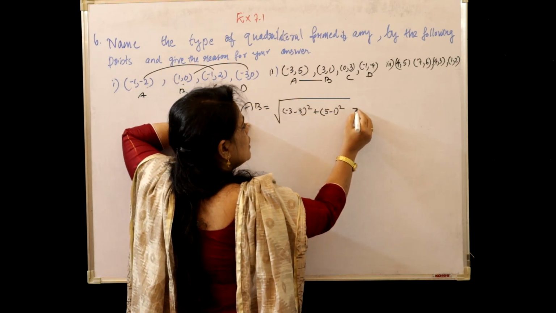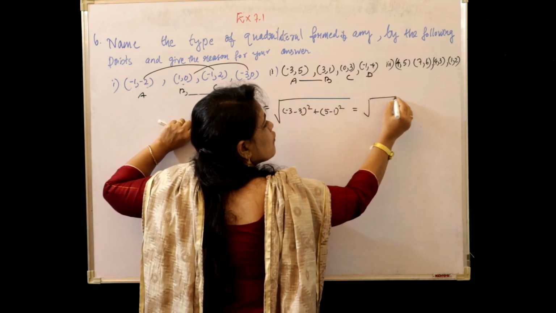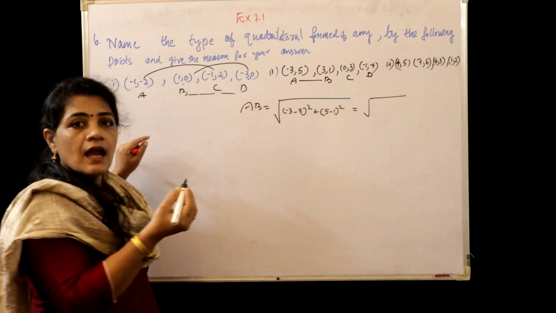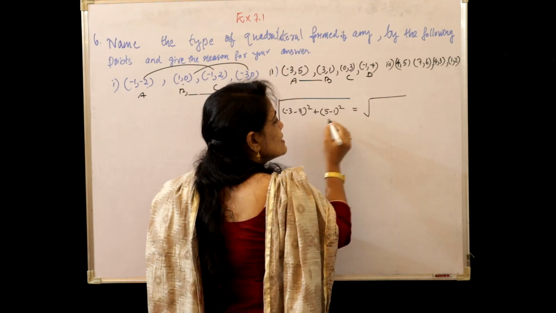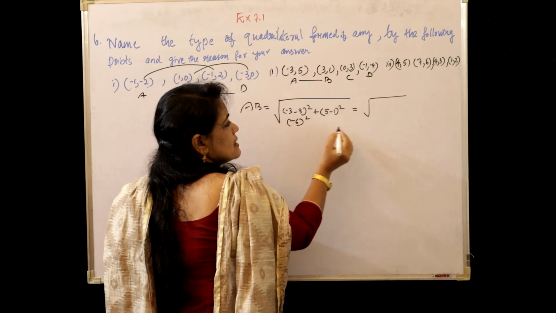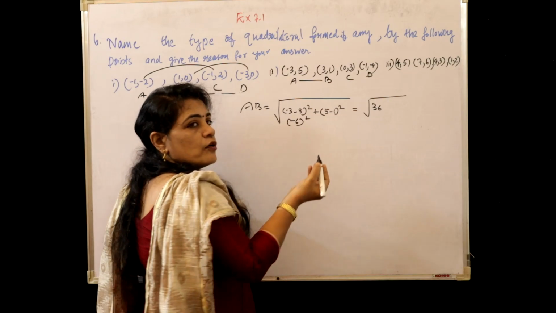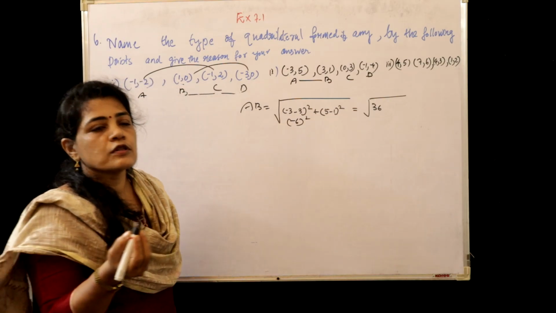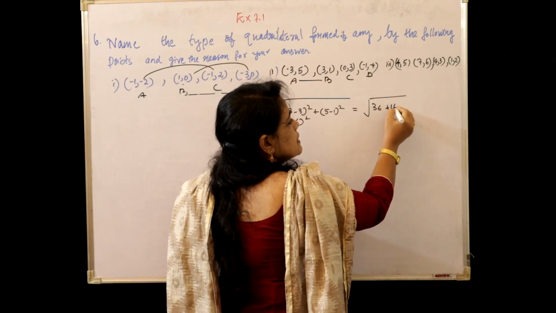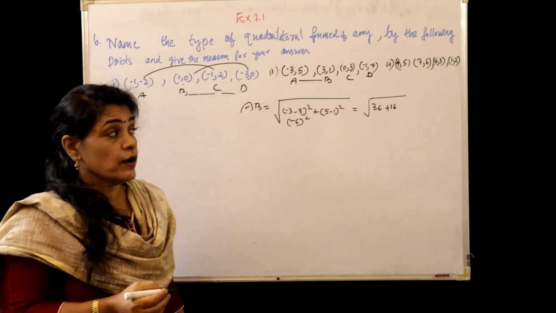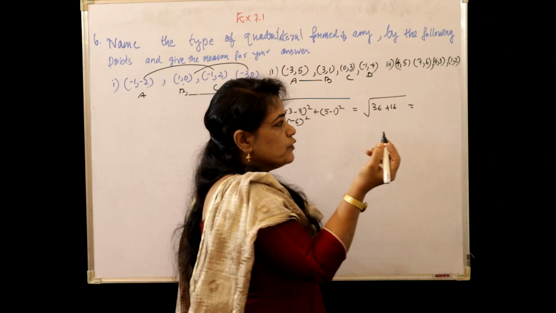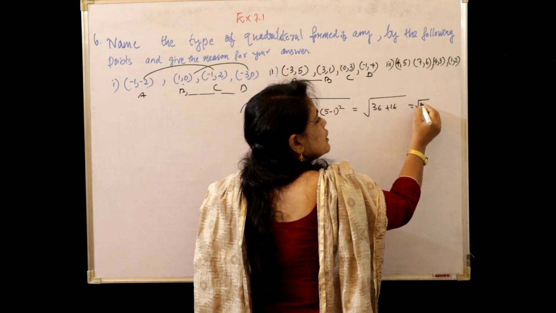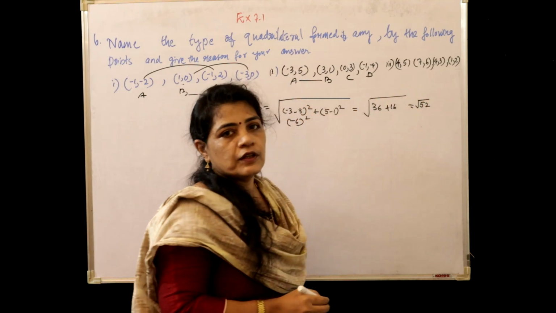So this is equal to root of minus 3 add and give negative sign, that is minus 6 whole square. Minus 6 whole square is 36. And 5 minus 1 is 4, 4 square is 16. When you add, this is equal to 36 plus 16 is 52, that is root 52.